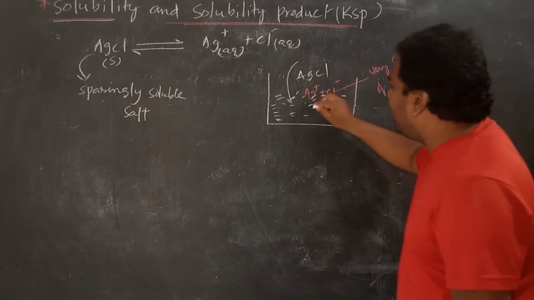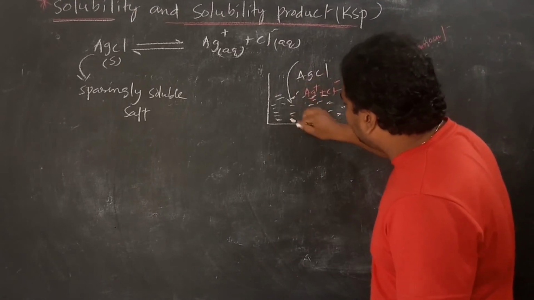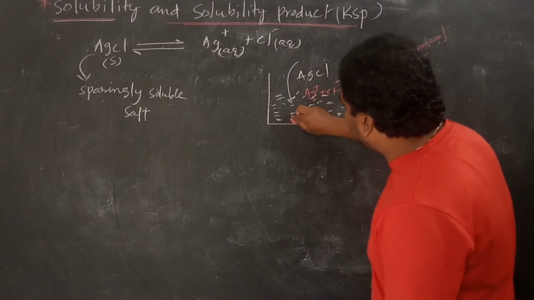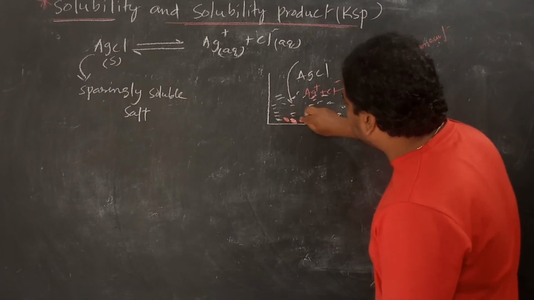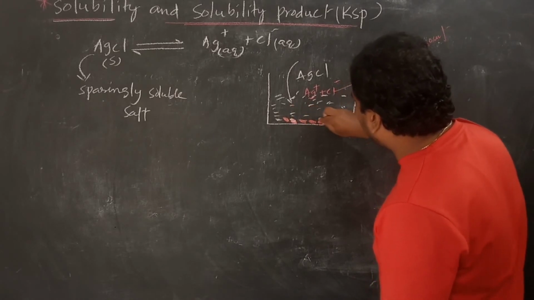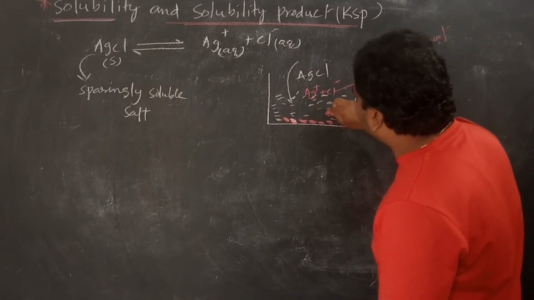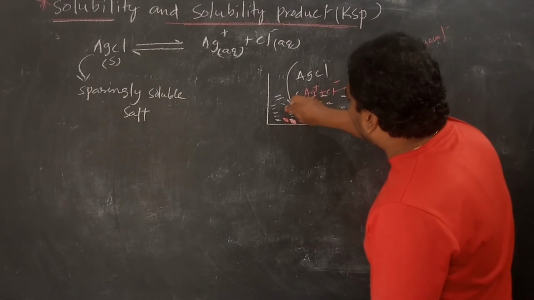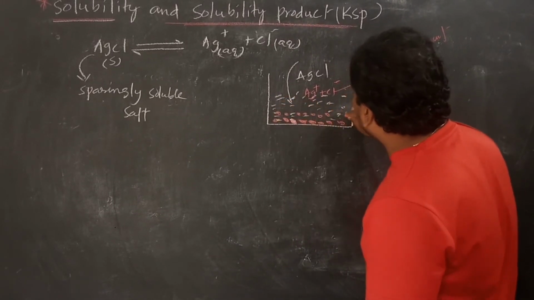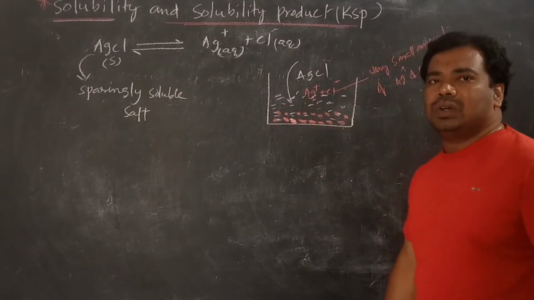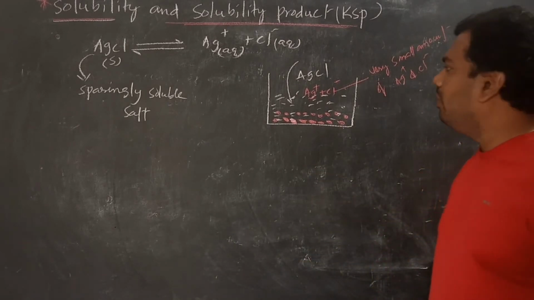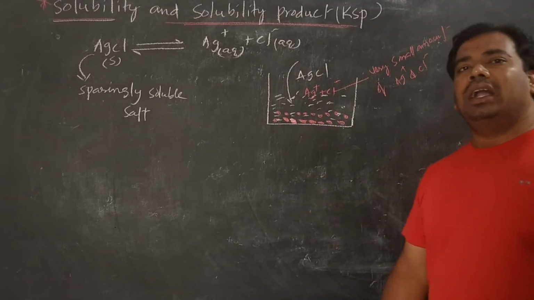The remaining amount of AgCl will be present as a solid. Only a small amount of AgCl dissolves and the remaining amount is present in undissociated form.